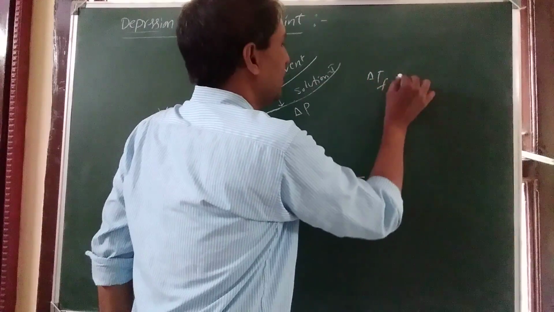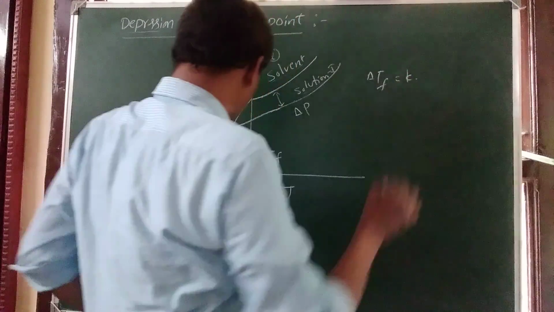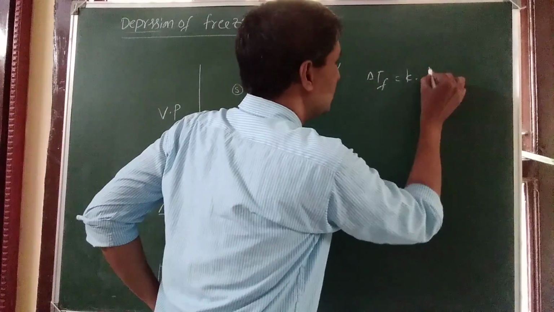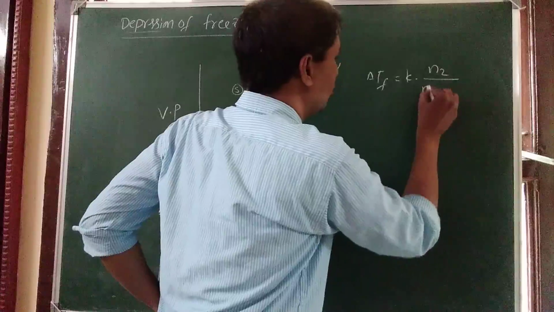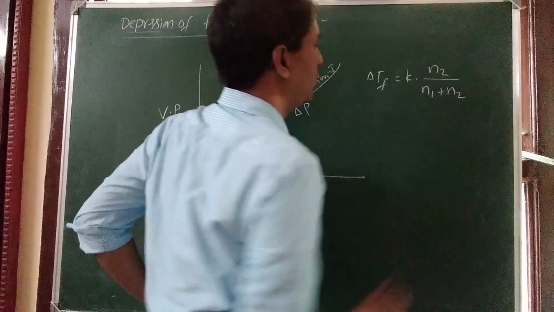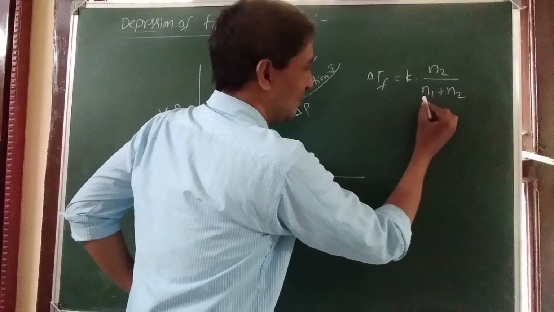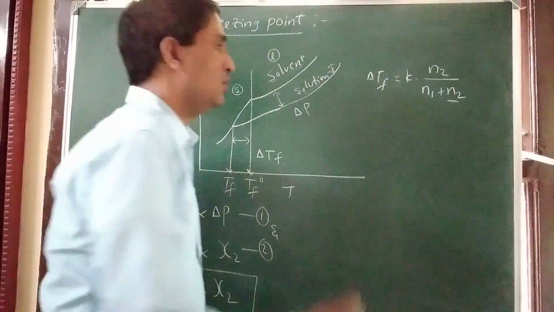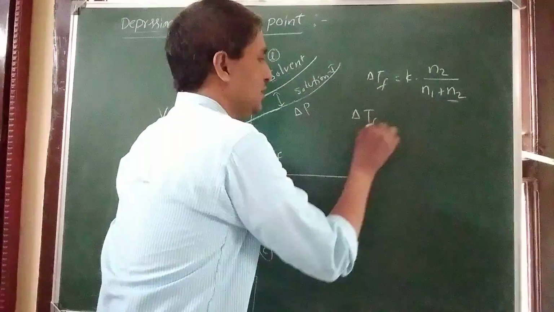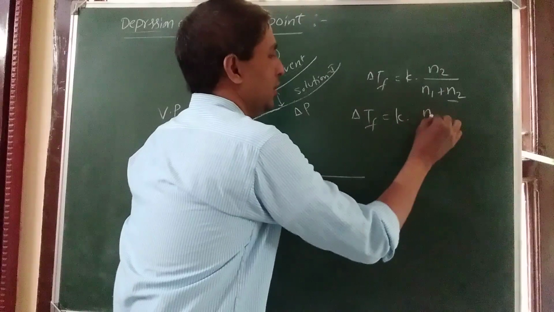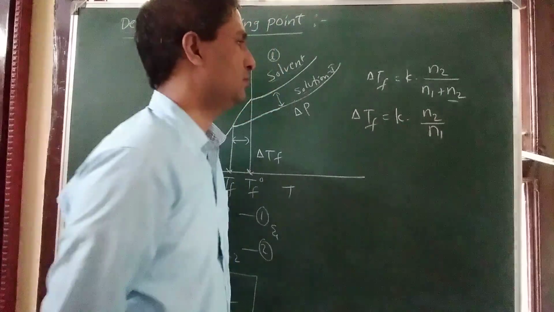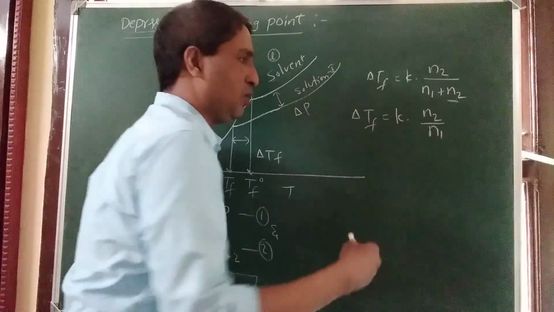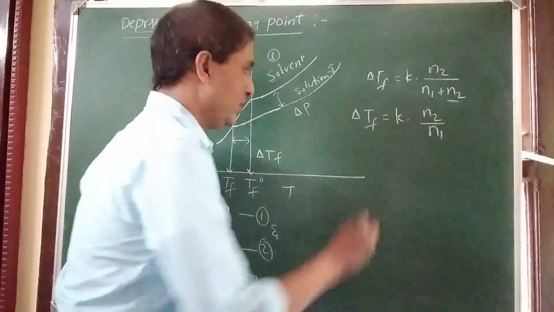Delta TF equals some constant K into mole fraction of solute, means number of moles of solute by total moles, N1 plus N2. When compared with solvent moles, solute moles can be neglected. So delta TF equals K into N2 by N1, because N1 plus N2 is almost equal to N1.